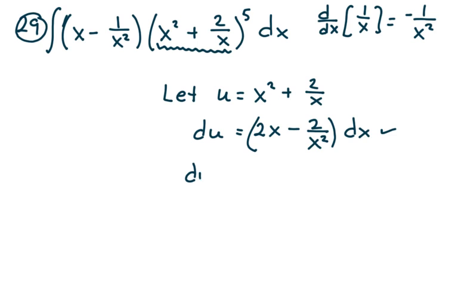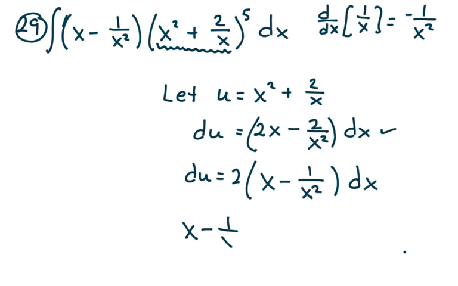So I'm going to factor out a 2. And so du is 2 times x minus 1 over x squared dx. So x minus 1 over x squared dx, and then I'm going to divide both sides by 2, so I'll write 1/2 du.